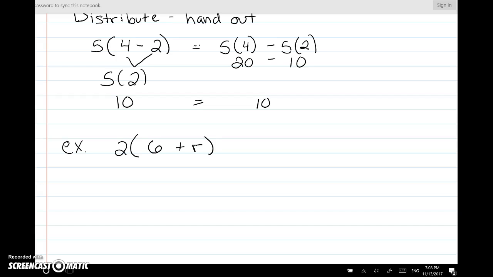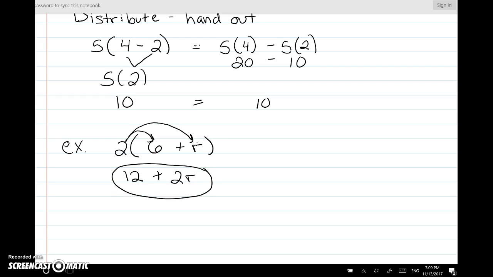R is my variable. I'm going to distribute the 2 to both the 6 and the r. Well, 2 times 6 is 12, and plus 2 times r is just 2r. You can't do anything else with it. And this is all my answer is, 12 plus 2r.